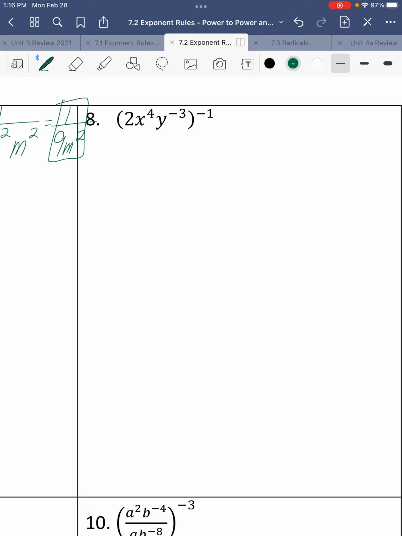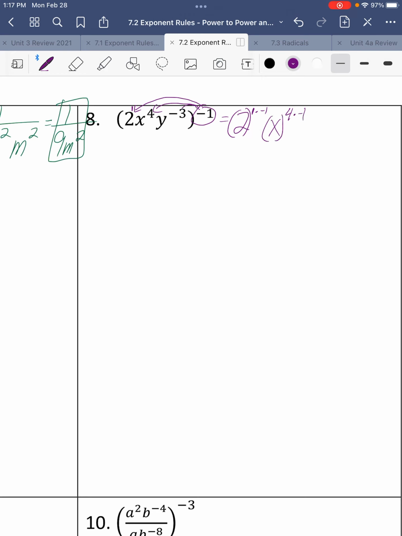In this case, on number 8, there's different ways you can go about this problem. I am going to actually distribute this negative 1 in first. So I'm going to make it 2, and it's going to be 1 times negative 1. And then it's going to be x to the 4 times negative 1.